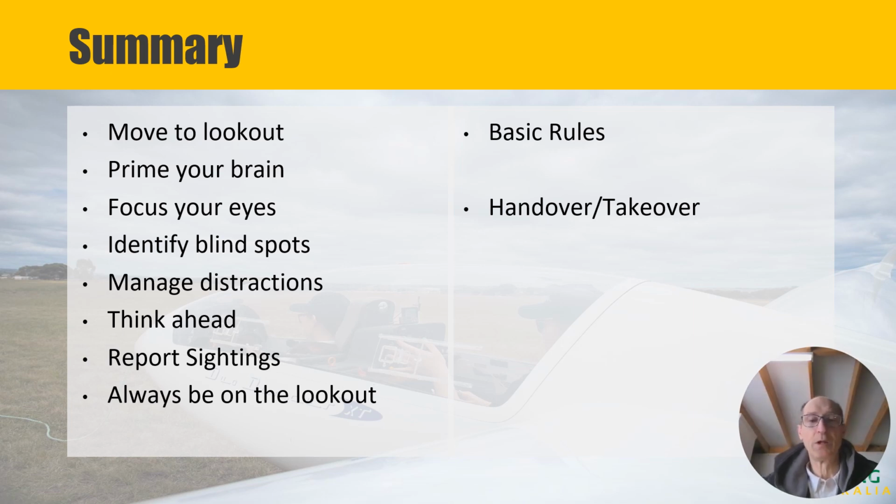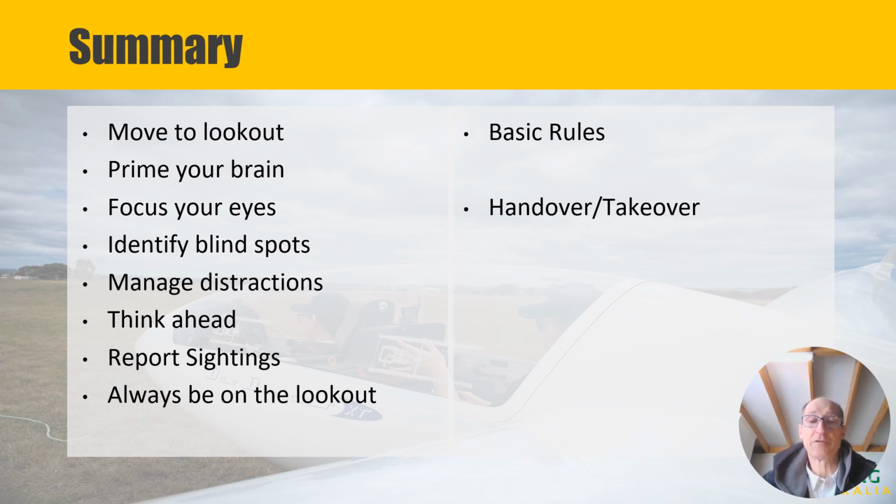So in summary, remember to move your head to look out. Remember to prime your brain and expect to see other gliders, even though you may think they're not there. Focus your eyes on fixed points. Identify the blind spots and be sure you don't let an aircraft fly into those spots so you can't see what they're doing.